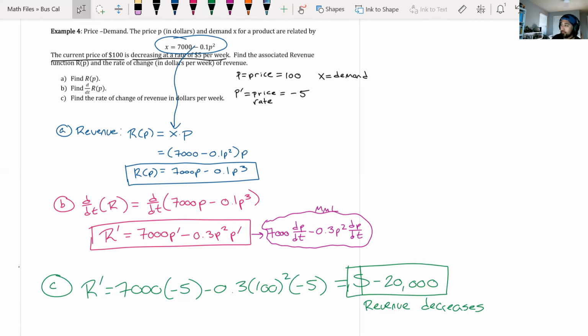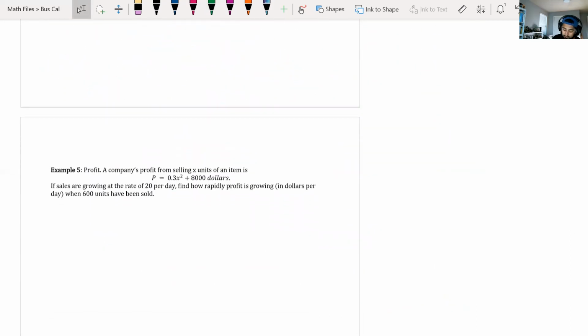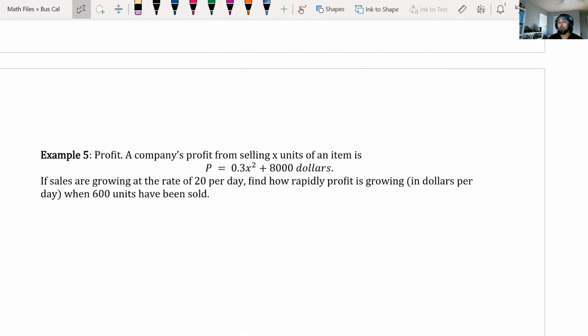All right, then. Last one, guys. Five: a company's profit from selling x units of an item is P equals 0.3x squared plus $8,000. If sales are growing at the rate of 20 per day, find how rapidly profit is growing in dollars per day when 600 units have been sold.